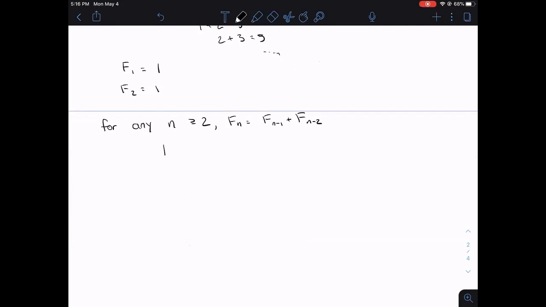This just means the first element of the sequence is 1. The second is 1. And for any element later, it's the sum of the previous two. So this is 1 plus 1 equals 2. 1 plus 2 equals 3, and so on. And there are a lot of very interesting properties of the Fibonacci sequence, and we might cover that later if we have time.